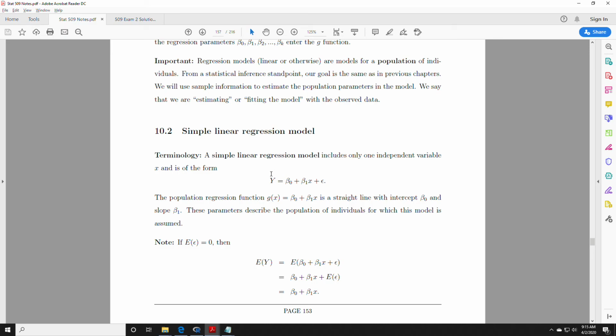Okay, and so ignore this epsilon for now and just look at this. This is nothing more than y is equal to mx plus b, right? And we all know what that is. That's the slope-intercept form of a line. And so that's all linear regression is, a line, okay?